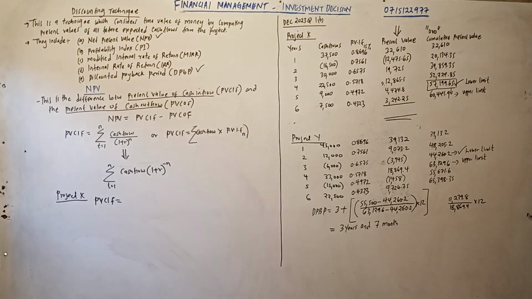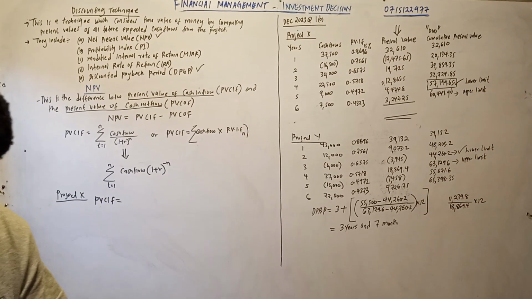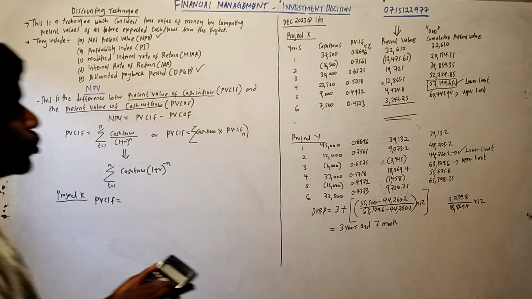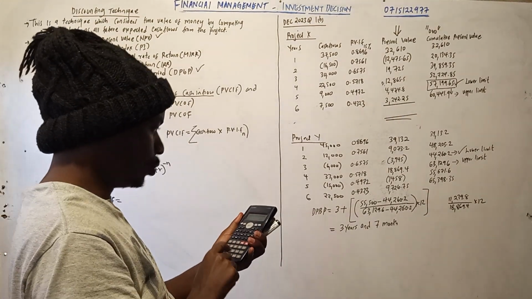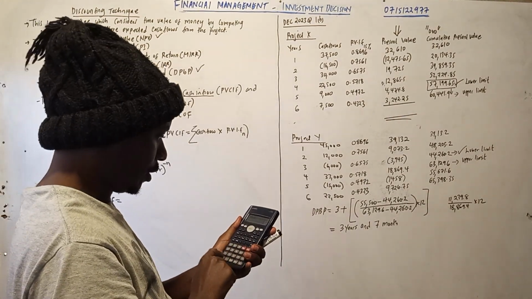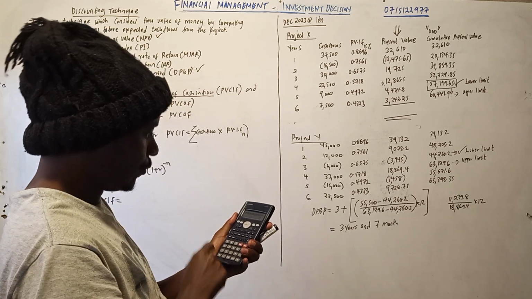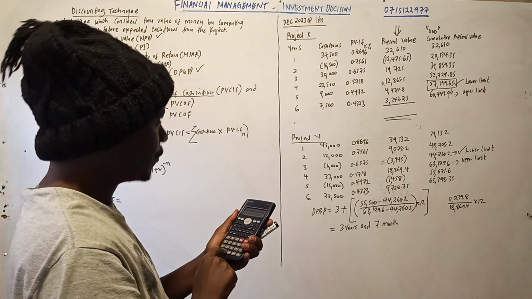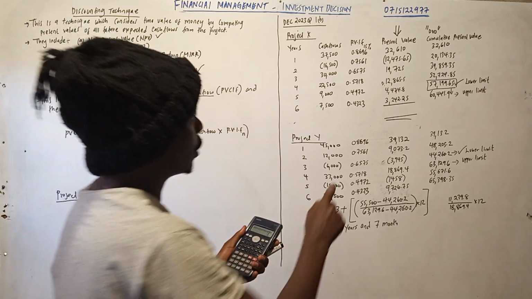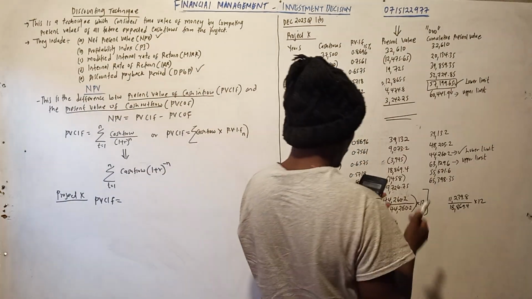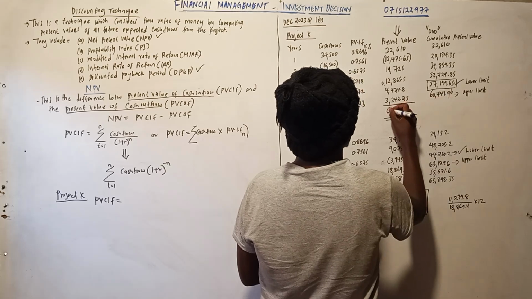So you add them together. Tunasema 32,610 minus 12,475.65. Actually itatuletea hii answer ya mwisho. Okay, add zote itakupatia hii ya mwisho hii 60,441.9.